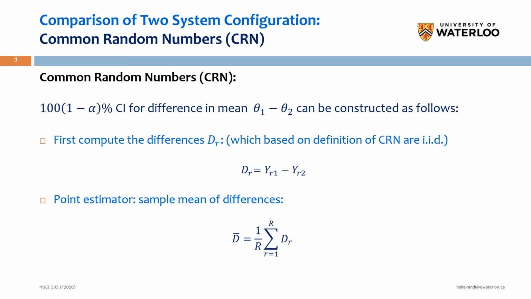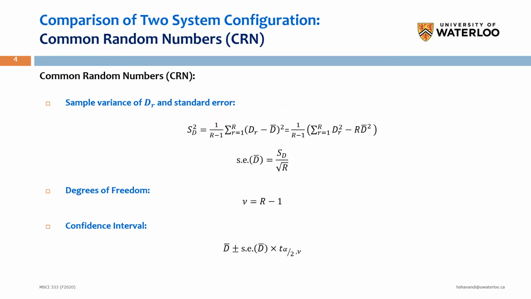Here we want to build a confidence interval with 1 minus alpha confidence level for theta 1 minus theta 2. For each replication, at first we calculate dr, the difference between the two measures, so dr will be yr1 minus yr2. Then we can calculate d bar, the average difference between the measures, and obtain the sample variance of dr and the standard error.